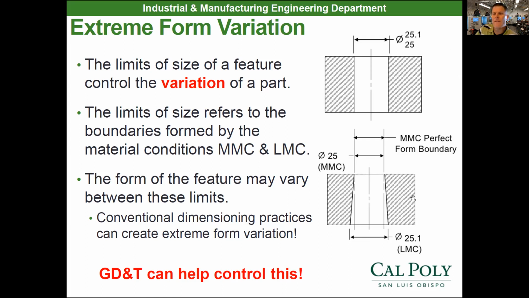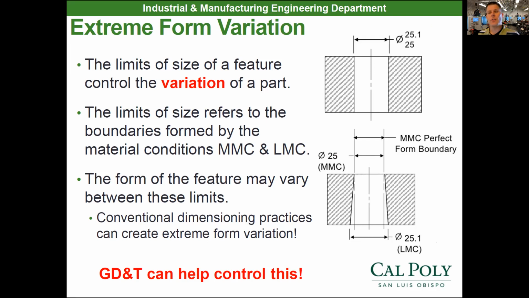Well, if I made my part within tolerance right here, and I didn't have any GD&T on it, I just had this regular diameter, I could still sell this part if I made the hole 25 at the top and 25.1 at the bottom. Now it's no longer a hole, it's more of a cone, right? If you think about it. And what GD&T can do is help me prevent what we call extreme form variation.